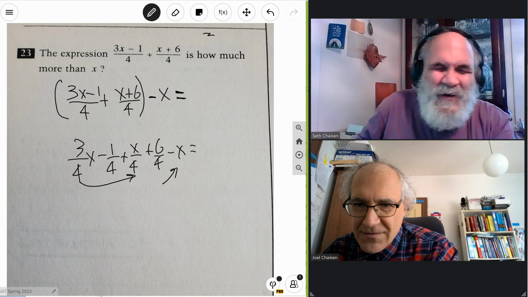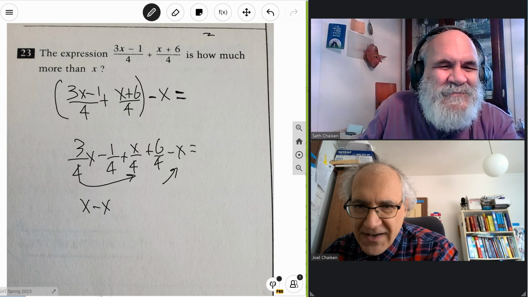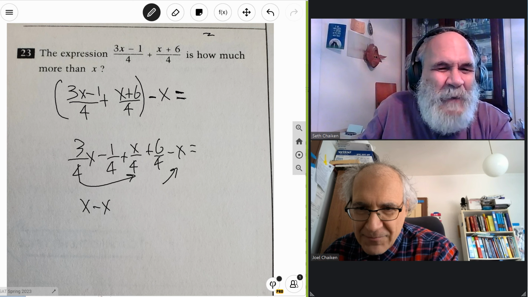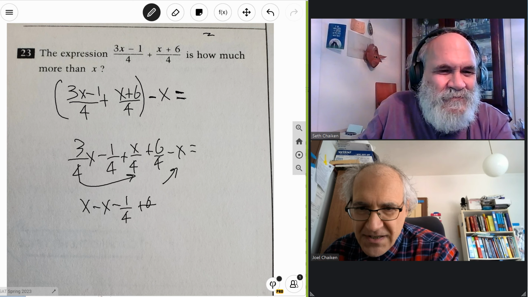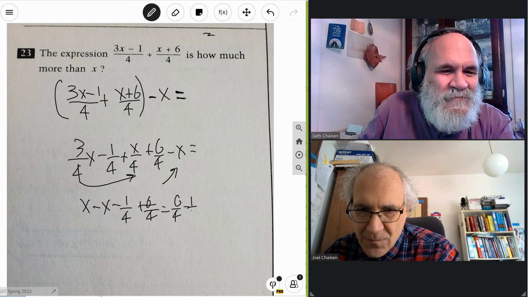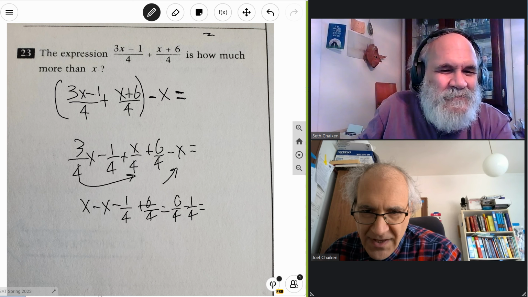So you add up to one x. You've got x minus x. Now we have 1 minus a quarter plus 6/4 is the answer. So the x's cancel. So we have 6/4 minus 1/4, so we have 5/4. So the answer would be 5/4.